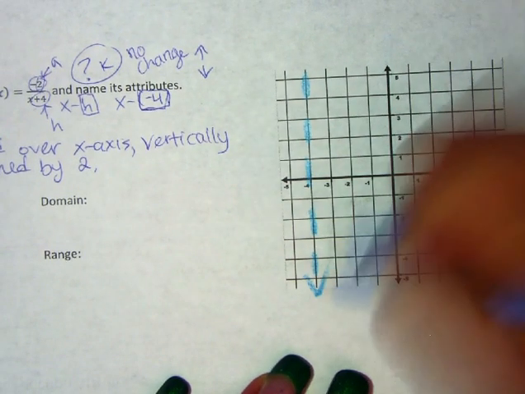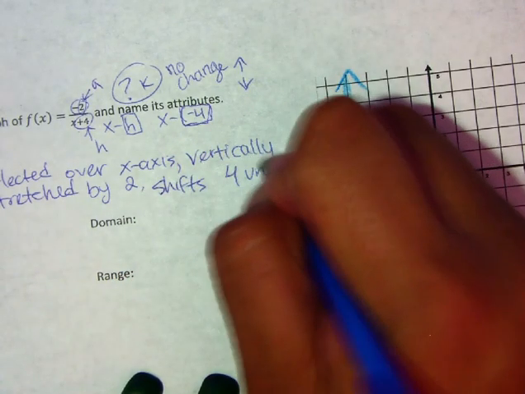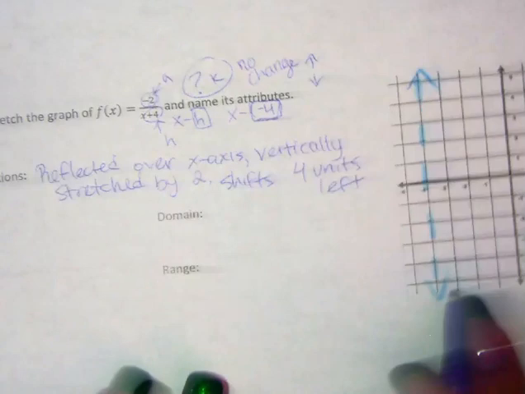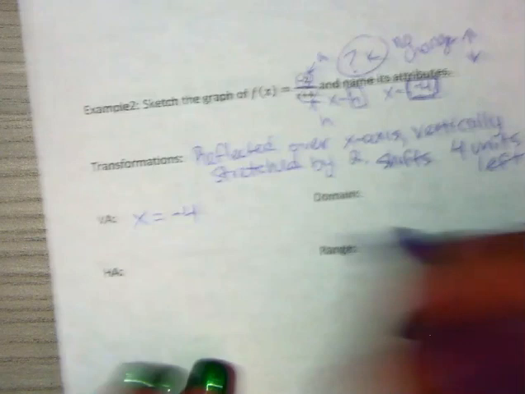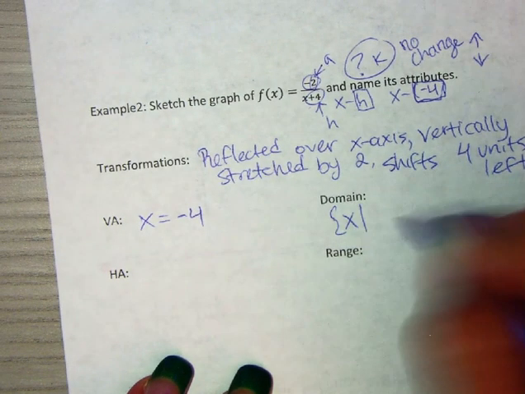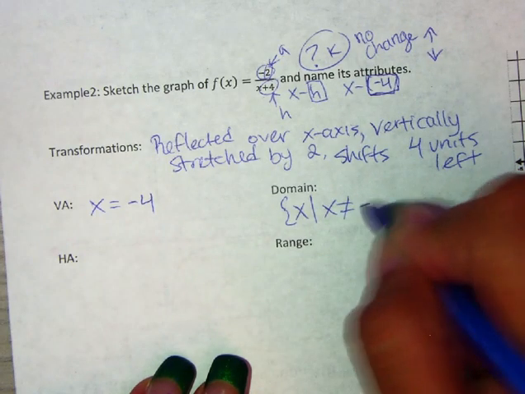So this is where we draw it. 4 units left. Which means that our vertical asymptote is going to be x equals -4, and that means our new domain is going to be with the restriction of x such that x cannot equal -4.